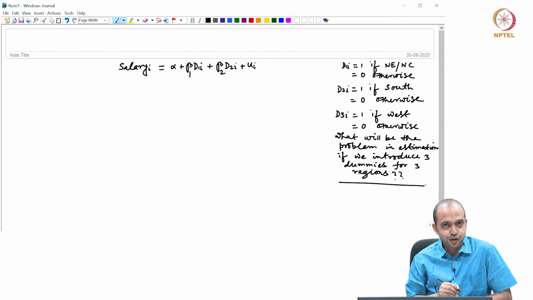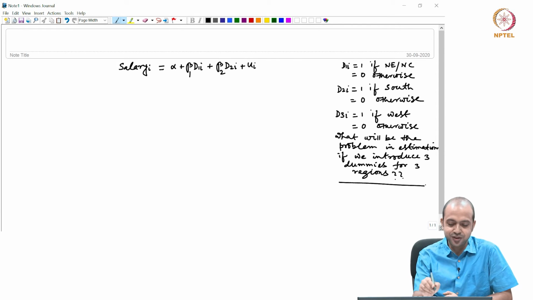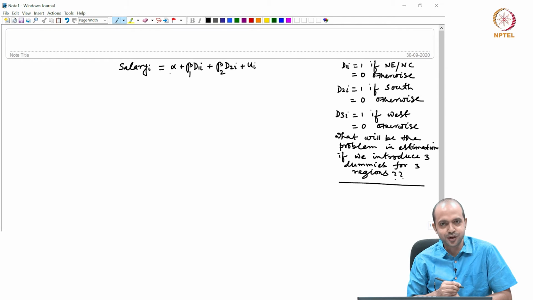If you recall, you will see that when there are no other quantitative covariates apart from the dummies, the intercept from that model basically indicates the mean value of the dependent variable for the base category. That means, here in this example, alpha indicates mean salary of the primary school teachers coming from the western region, since west is our base category.